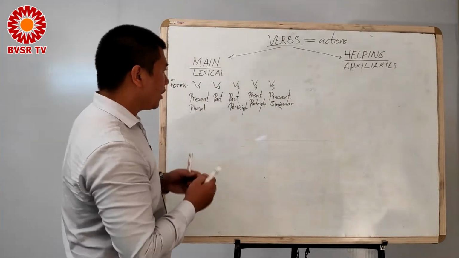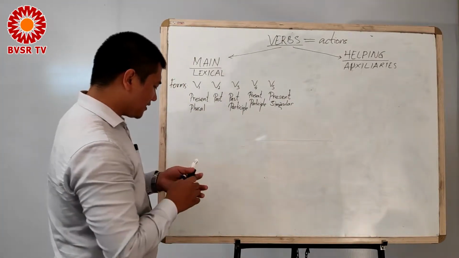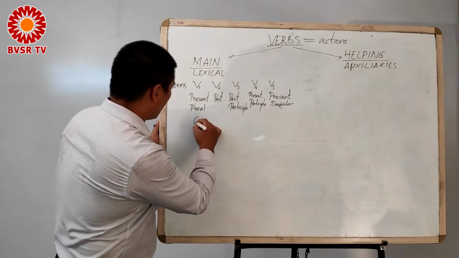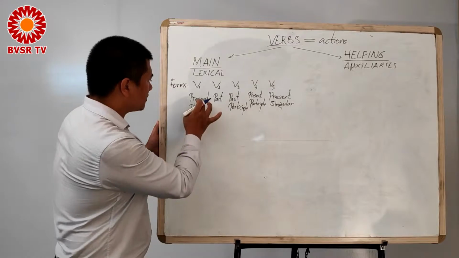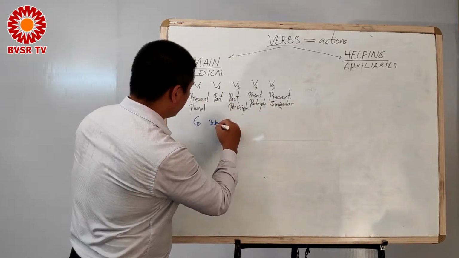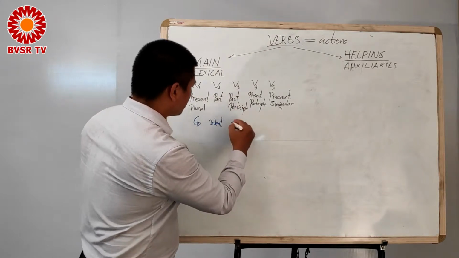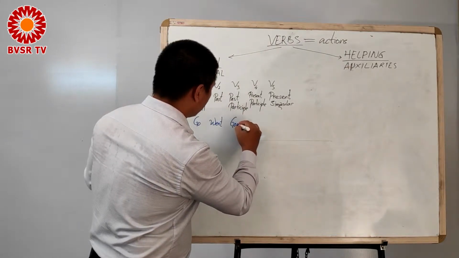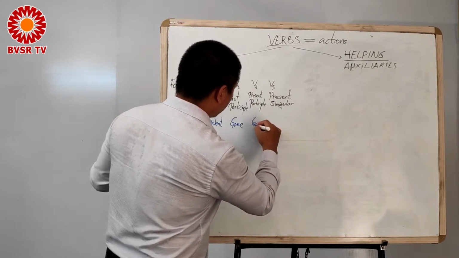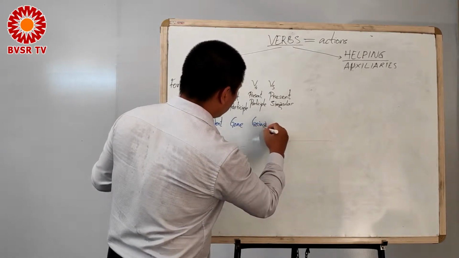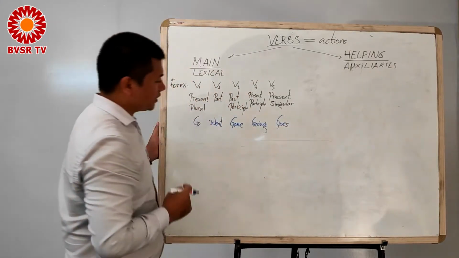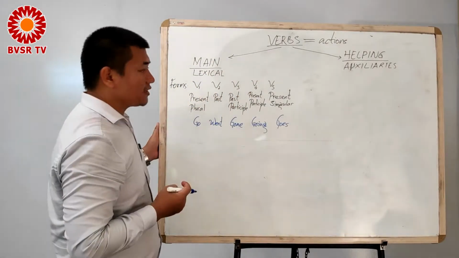Now, I'll give you an example of a verb. For example, if you say go, then it is present plural, and if you say went, then it is past, and if you say gone, then it is V3, past participle, and if you say going, then it is present participle, and if you say goes, then it is present singular.